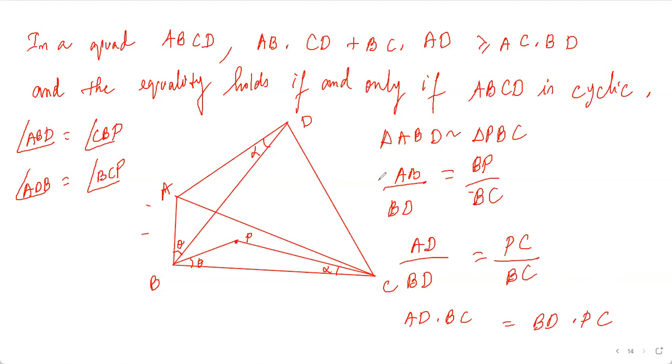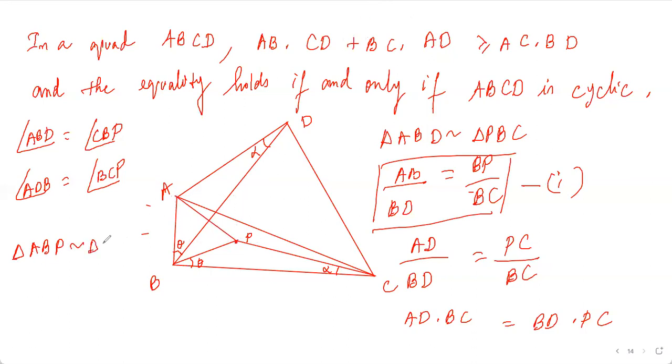And from this ratio I can also try and get another pair of similar triangles, that is triangle ABP similar to triangle DBC. Okay, so why is this? Because look at angle ABP.